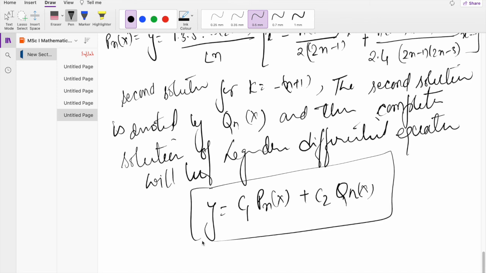One solution we have calculated; you can calculate the second solution the same way for this Legendre differential equation. So the complete solution of y will be c1 Pn(x) plus c2 Qn(x). So this is it for now. In the next lecture, we will see the generating function for Legendre polynomial. Thank you.